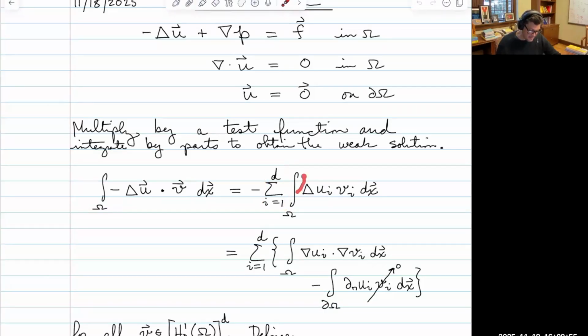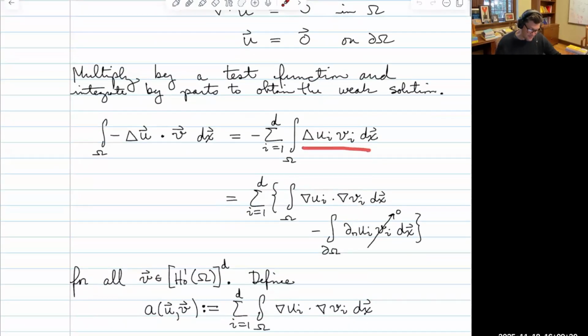It was inside this integral, and I'm going to remove it to the outside by the linearity of the integral. And so now we have the sum of the Laplacian of ui times vi. So the dot product goes away because, well, it doesn't really go away. It transforms with this summation, and we have this to contend with.